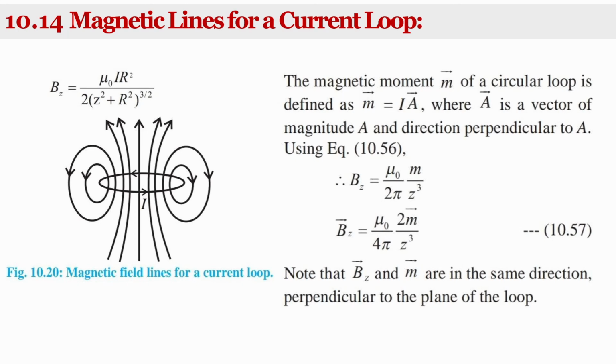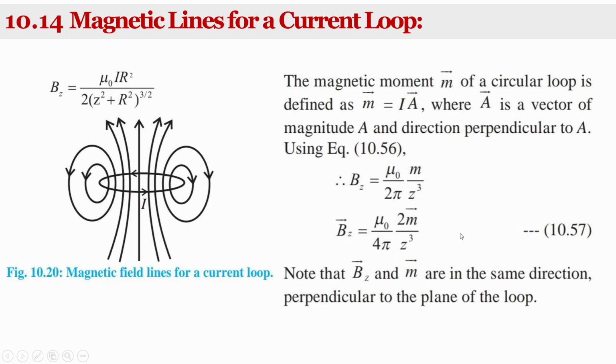So we can replace m by p, and Bz can be replaced by vector E, the electric field. The factor mu naught upon 4 pi is for the magnetic field, and for the electric field it is 1 upon 4 pi epsilon naught. So for electrostatics the formula is 2 vector p divided by 4 pi epsilon naught z cube.